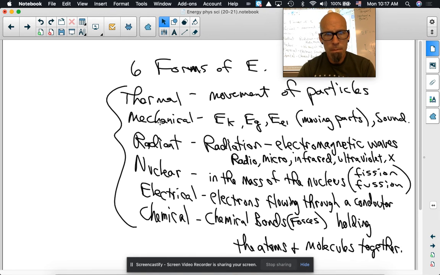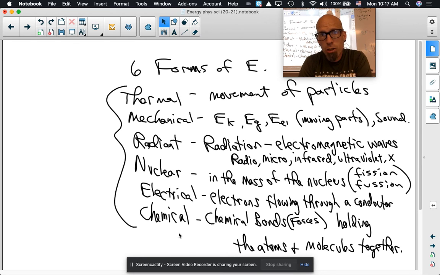So that right there, those are the 6 forms of energy. You need to be familiar with them. I will ask you some questions about those 6 forms of energy. Let's see. I would know those. I would be very familiar with the energy bar charts and how to construct those.